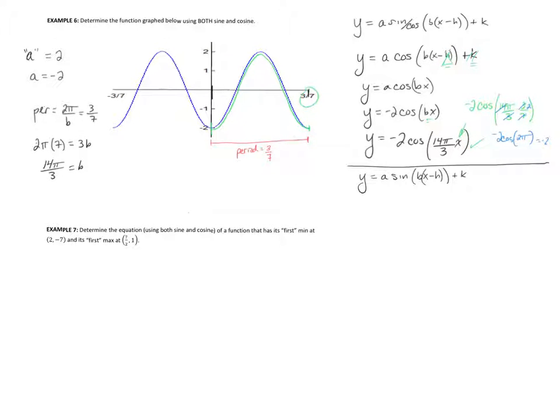Okay, the second part of this problem, where it asks us to use both the sine and the cosine to come up with a function that would give us a curve that looks like this, is a little bit more challenging. We did the cosine already. Obviously, we've got this one that we just came up with. But to use a sine function to describe this curve, I think what you'd have to realize is you're kind of looking for that sine template where the sine starts at the origin and on its way up.